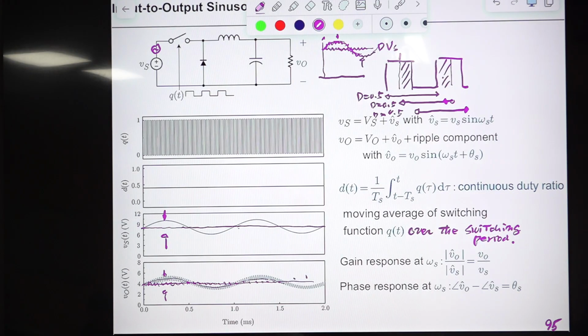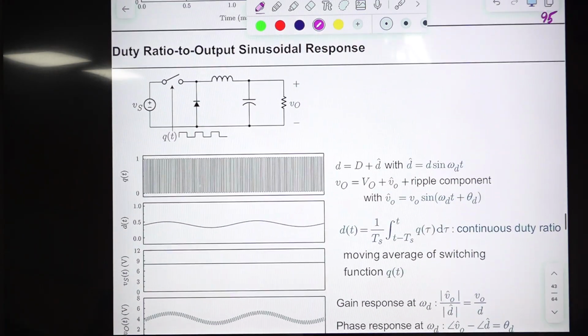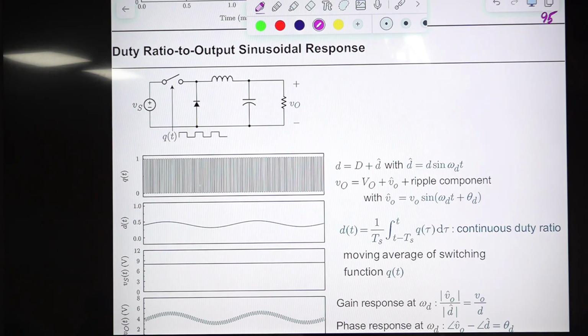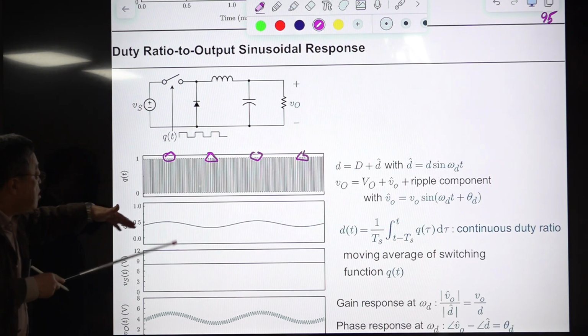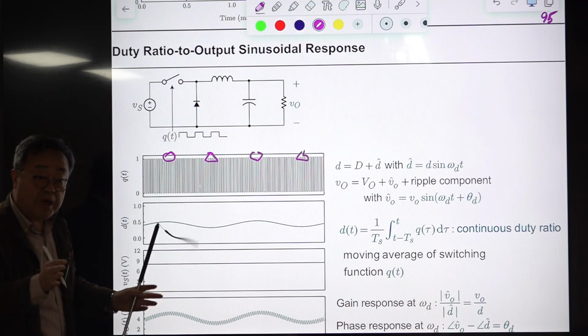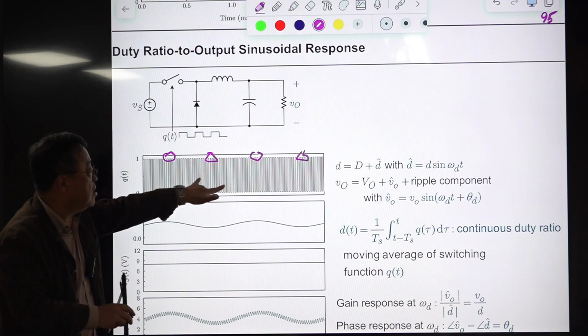The other case, some other case, is this one. For this case, this Vs is fixed at this value, so this is constant, but this duty ratio is changing. If you take a close look at this, duty ratio here is large, and the duty ratio is smaller compared to this, and this is large, and this area is smaller, and the variation of this is sinusoidal. I generated this waveform using a simple program, and the duty ratio is changing this way.